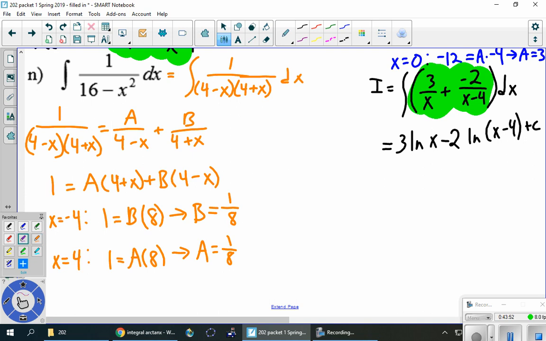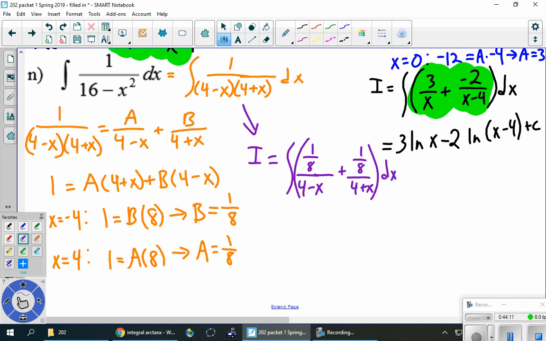Here we go. So this integral now becomes the integral of a over 4 minus x, 1/8 over 4 minus x, plus b over 4 plus x, also 1/8 over 4 plus x, dx, again, mandatory parentheses because the integrand is more than one term.